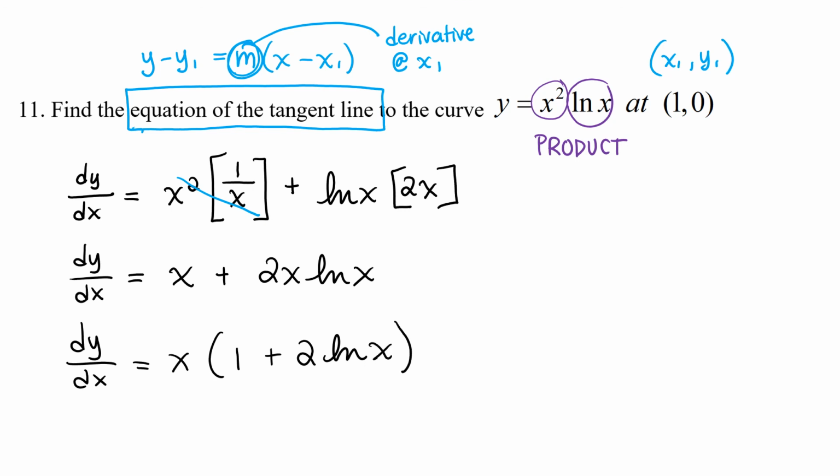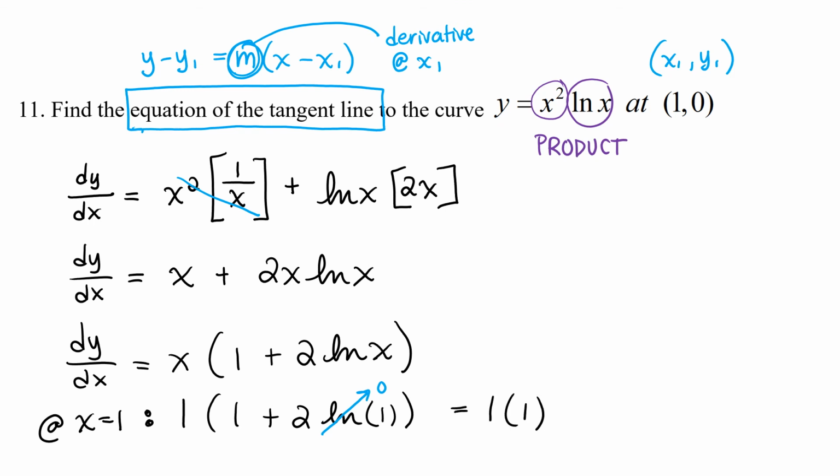And we're interested in this at x is equal to 1. So that will be 1 times (1 plus 2 times the natural log of 1). The natural log of 1 is 0. So this will be equal to 1 times 1, which is 1.